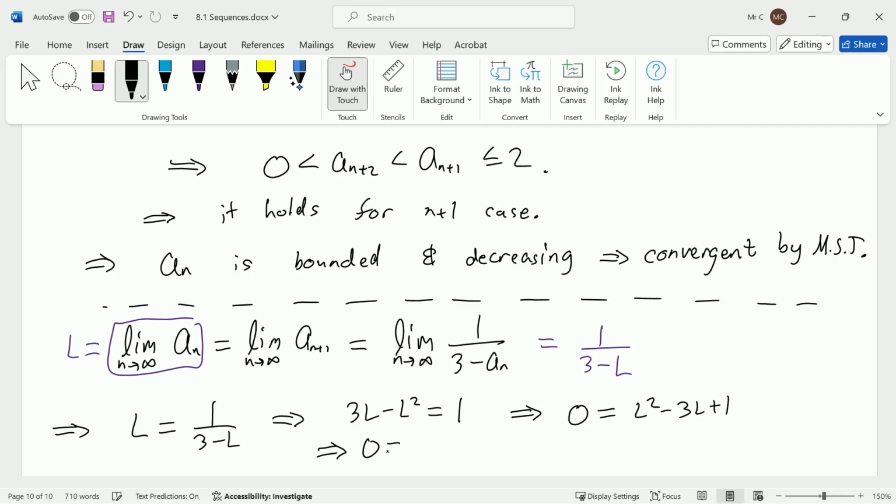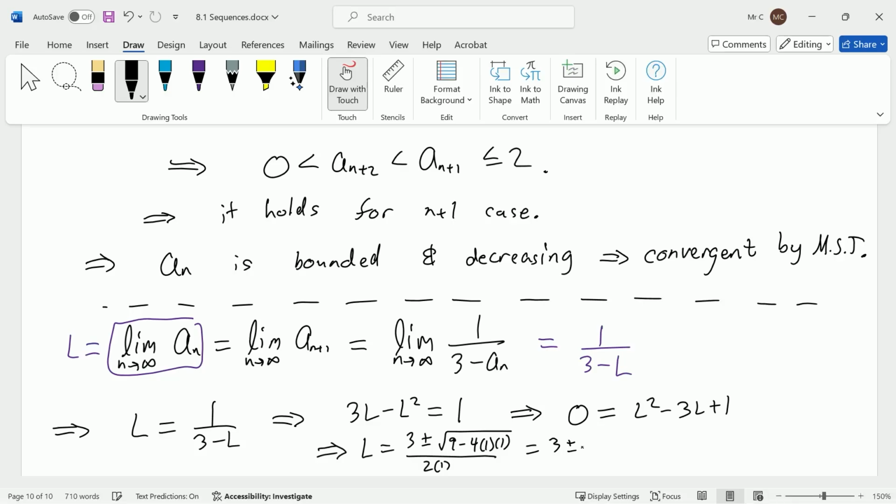And if I factor that, I get L. Let's see, that is not trivial to factor. So instead, we'll just use the quadratic formula. So L is negative of negative 3, that's 3, plus or minus the square root of negative 3 squared, that's 9, minus 4 times 1 times 1, over 2a, 2 times 1.